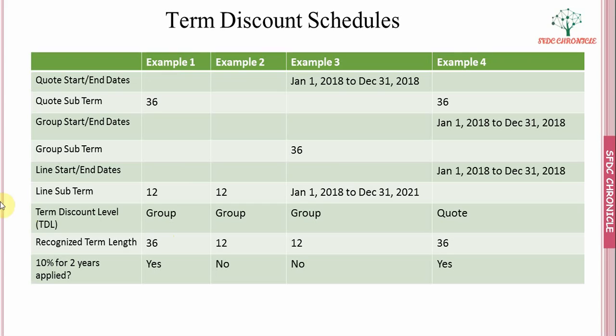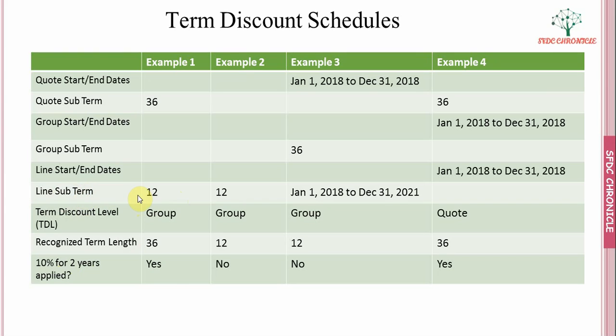If your quote subscription term is 36 and your line subscription term is 12, and you have provided 10% for 2 years, it should not get the 10% discount, right? Because the line subscription term gets the precedence.